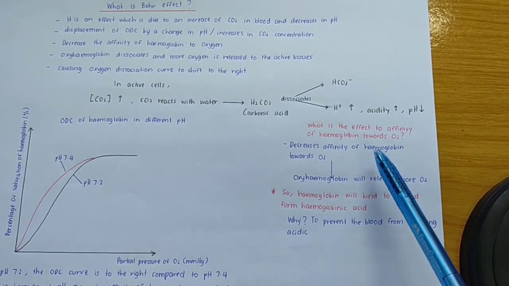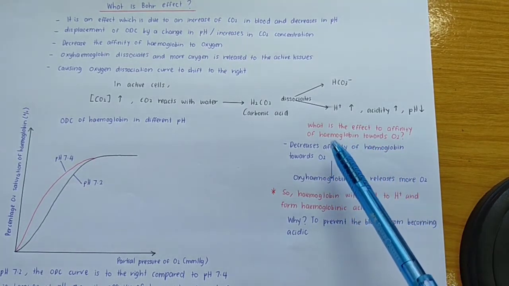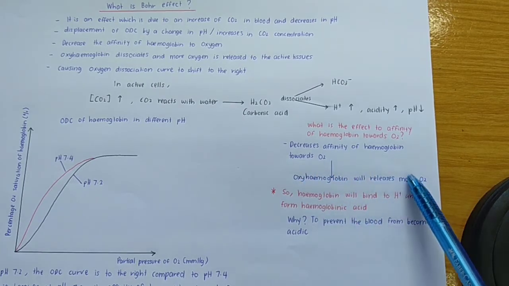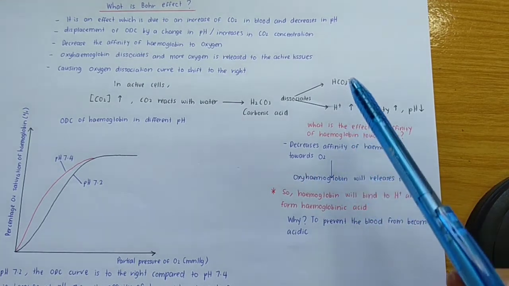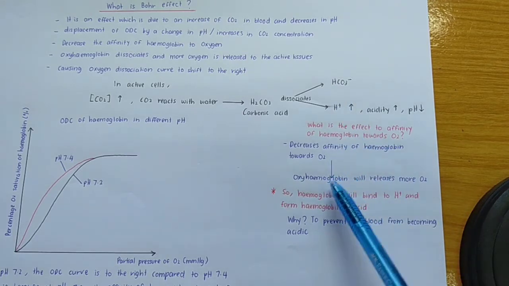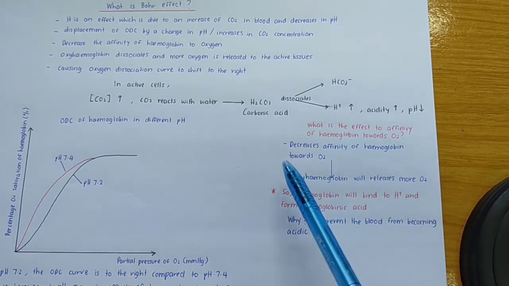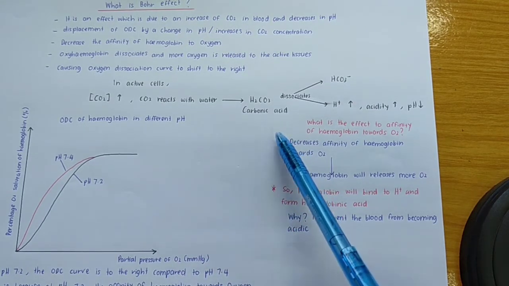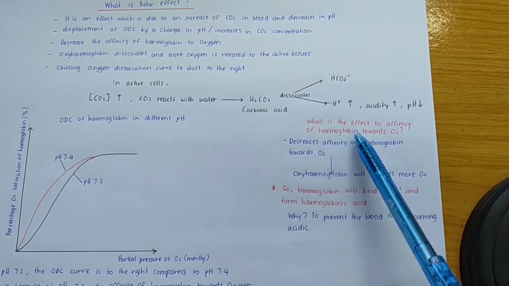Maksudnya kecenderungan hemoglobin terhadap oksigen akan rendah. So what happens? Oxyhemoglobin will release more oksigen. Okay, kenapa oxyhemoglobin release oksigen? Maksudnya yang ini macam dalam equation yang saya bagi tadi, oxyhemoglobin bila dia riliskan oksigen, it will produce oxygen plus hemoglobin.